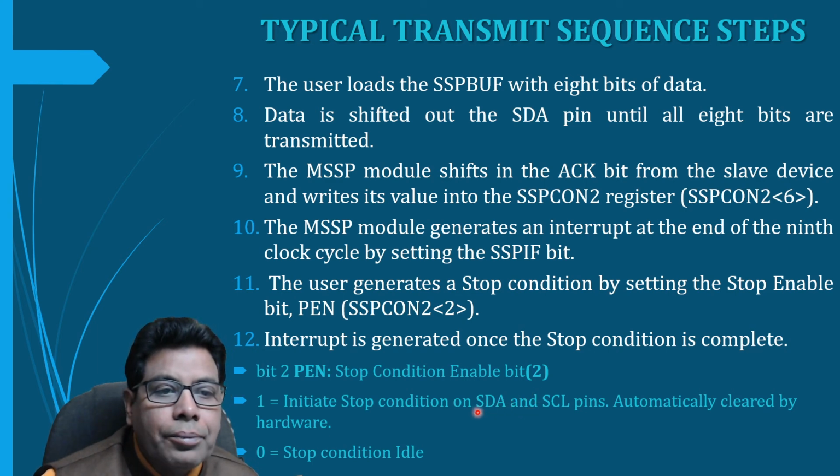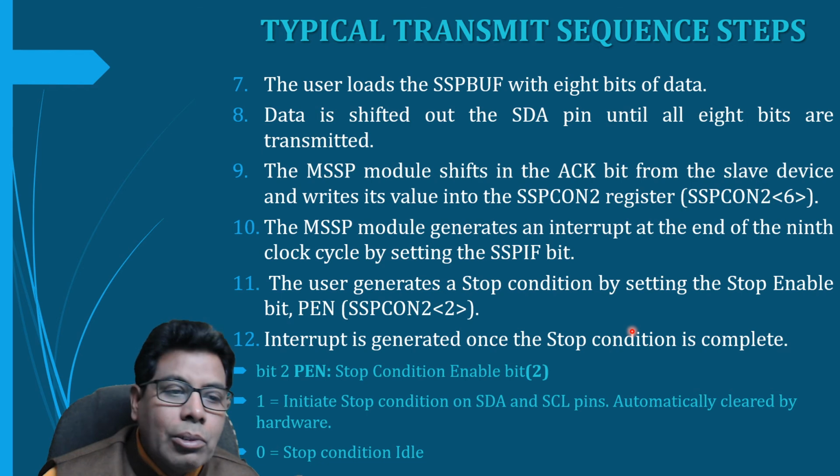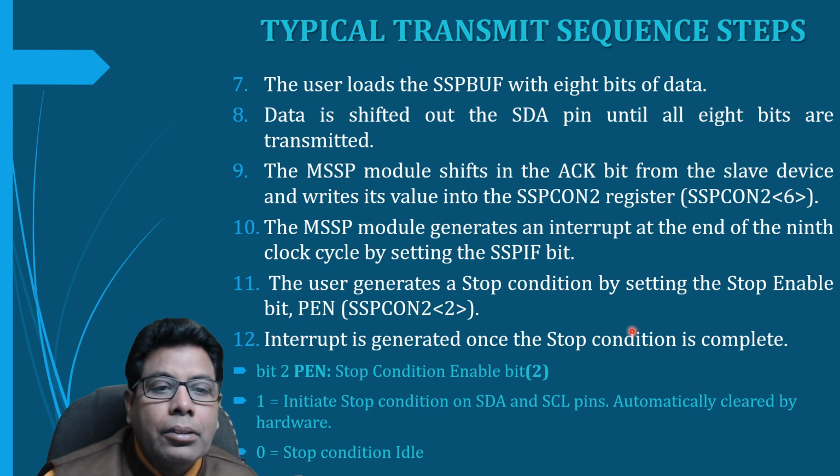So this will be done, and then again the interrupt is generated once the stop condition is complete, and this means the data transfer is completed. So in this way, you have to understand that we are making use of the MSSP in PIC 18 for the transfer of data using the I2C bus protocol.